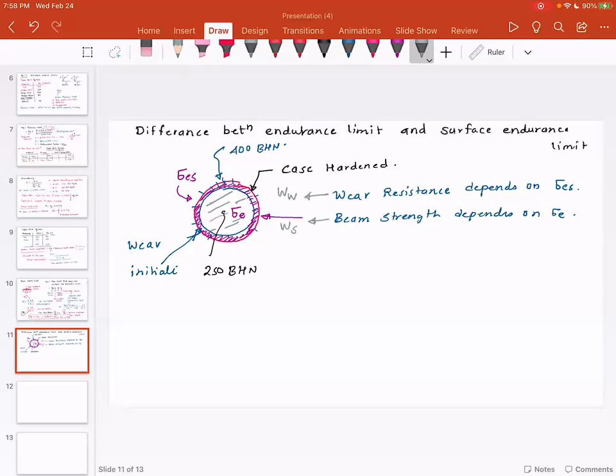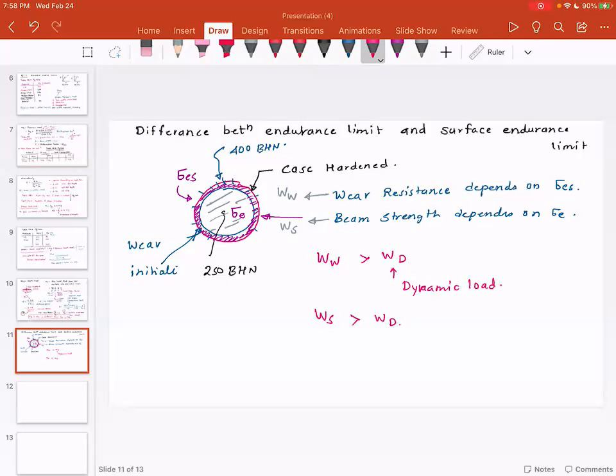Nevertheless, the idea is the same. This WW and WS have to be greater than WD. So WW has to be greater than WD, which is the dynamic load because of operation. And WS has to be greater than WD.